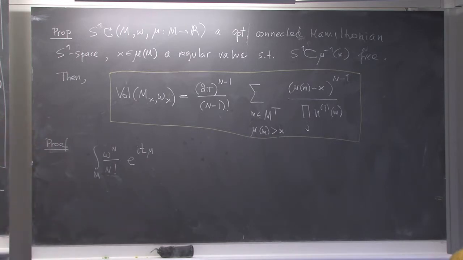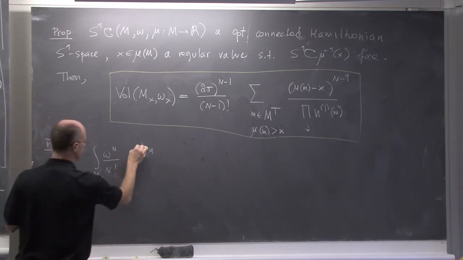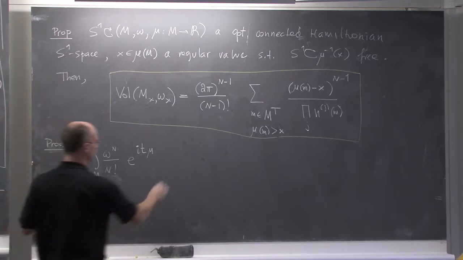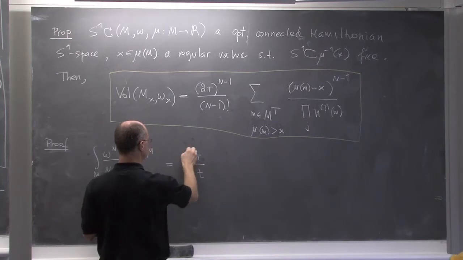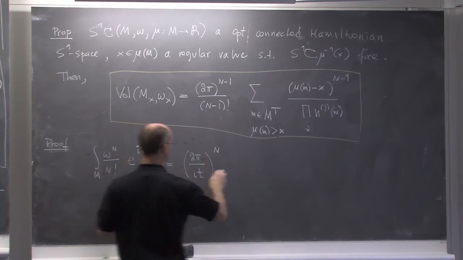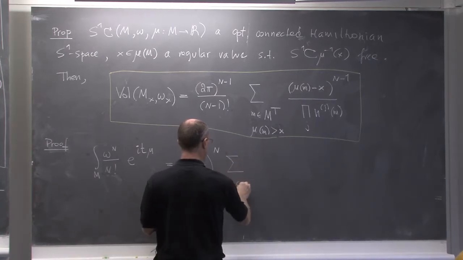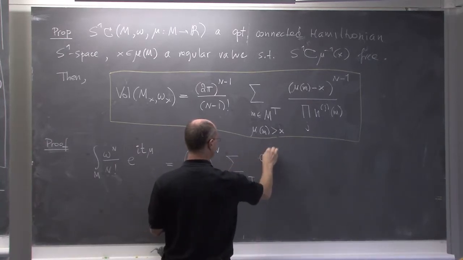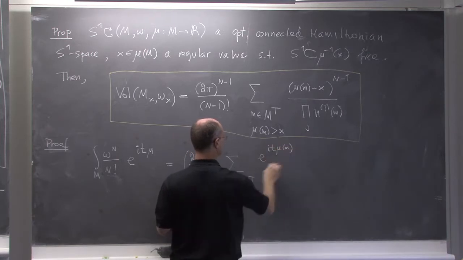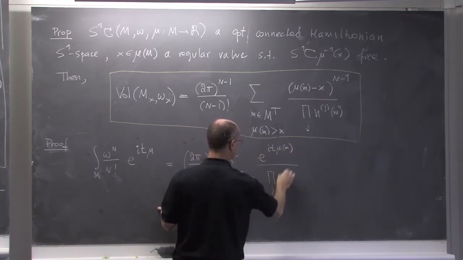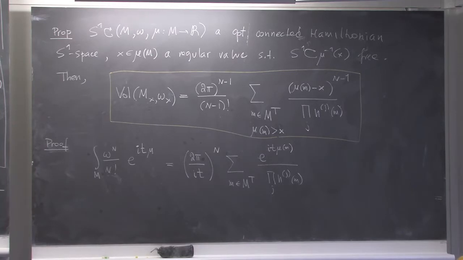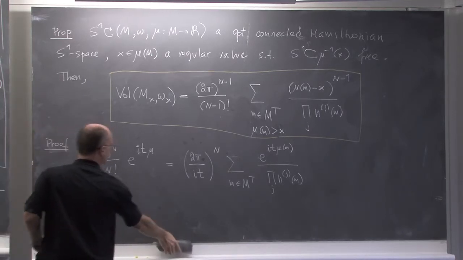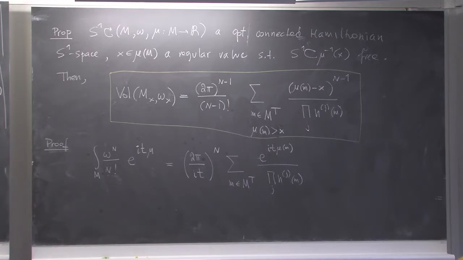Instead of psi, I write a pure imaginary argument. And this should be equal to pi over it to the power n, sum over fixed points. So that's the localization formula.